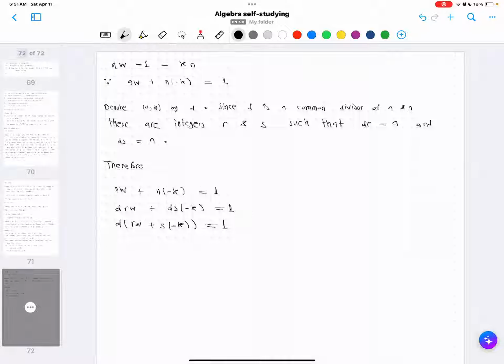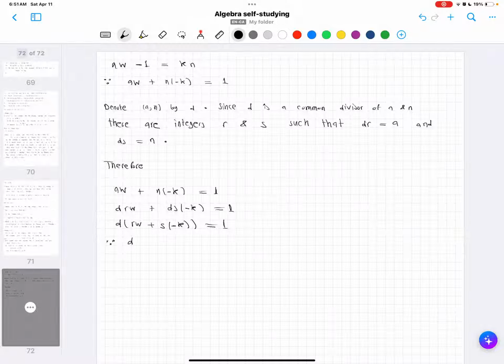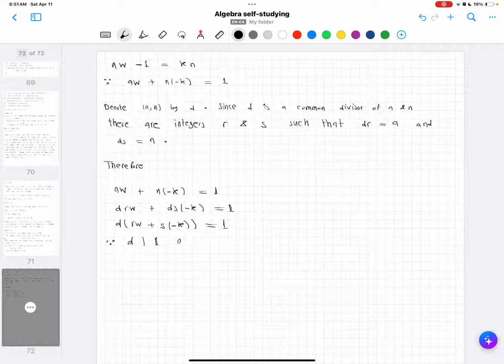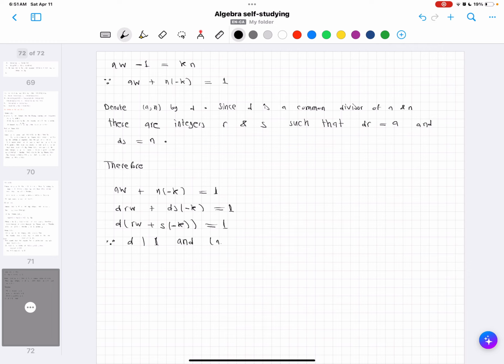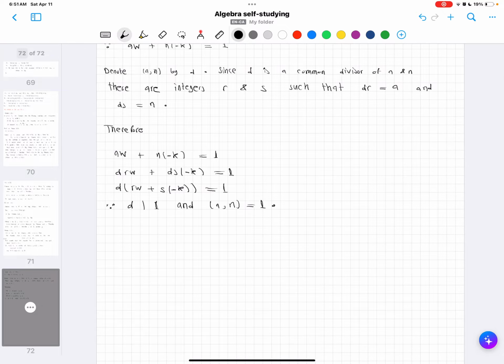So therefore d divides 1, and that means that the GCD between a and n is equal to 1, as the GCD has to be bigger or equal to 1.